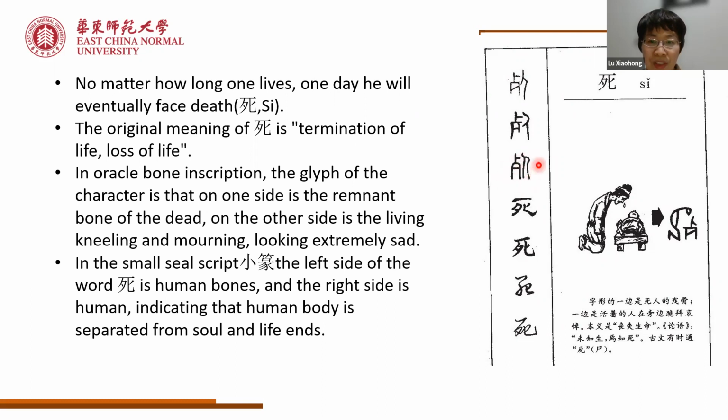Well, that's the small seal. And this is the way we write today, 死. This left part is often used to indicate something dead or something bad. That's the word we write today.